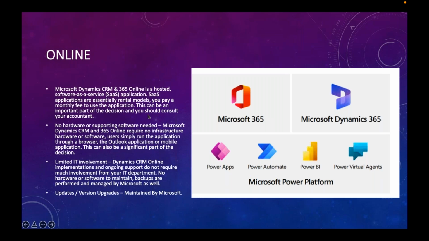Yeah. So Microsoft Dynamics 365, as I said, is a software as a service application and these are essentially rental models. It mainly relies on rental models, and you have to pay a monthly fee or subscription. For example, if you subscribe to any app like Hotstar or any OTT platform, there you have different platforms, right?